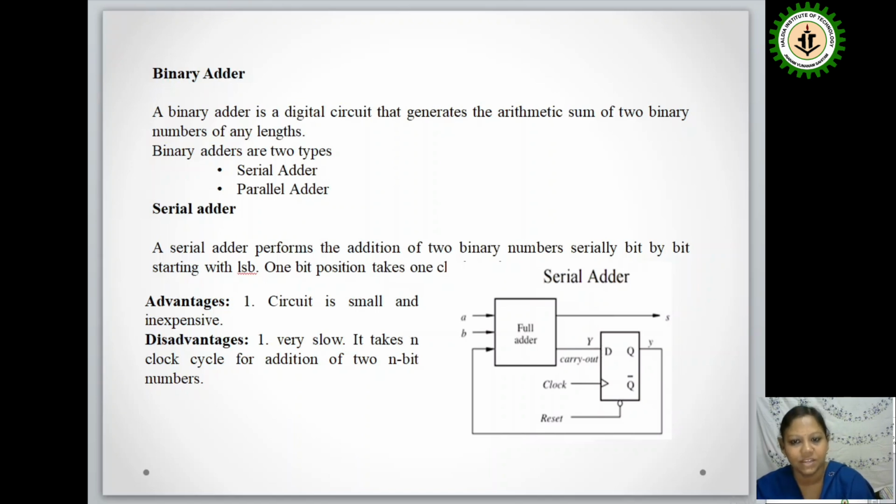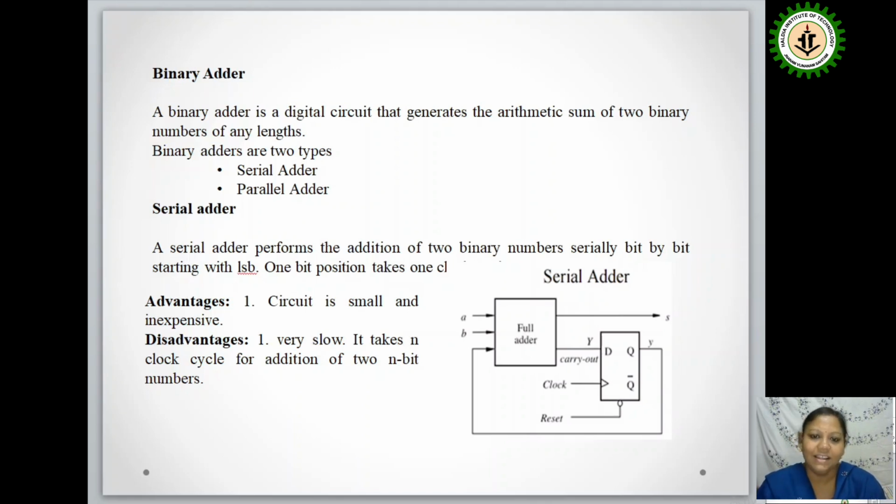The digital circuit is designed in this way so that all the arithmetical operations are performed between two binary numbers. Suppose 1 1 added with 1 0 or 0 0, any numbers of any length: 2 bit, 3 bit, 4 bit, any length.